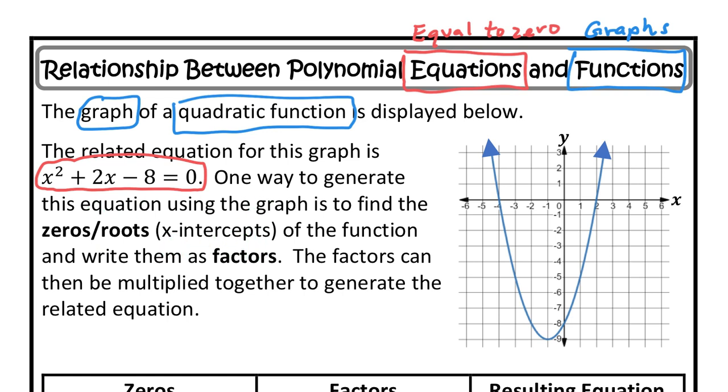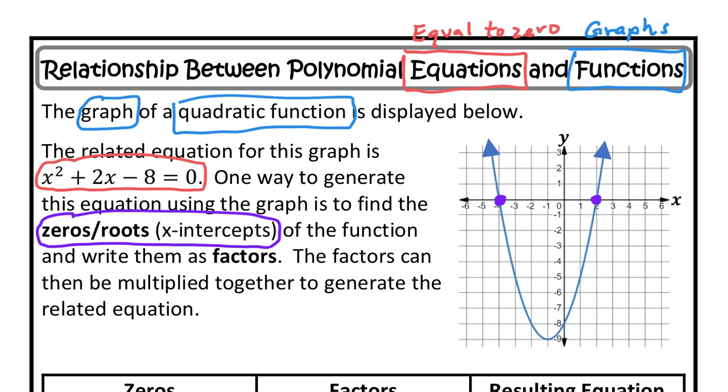So one way to generate the equation is by using the graph to find the zeros, the x-intercepts. Okay, so for example, in this graph on my right, I have an x-intercept at -4, and +2.